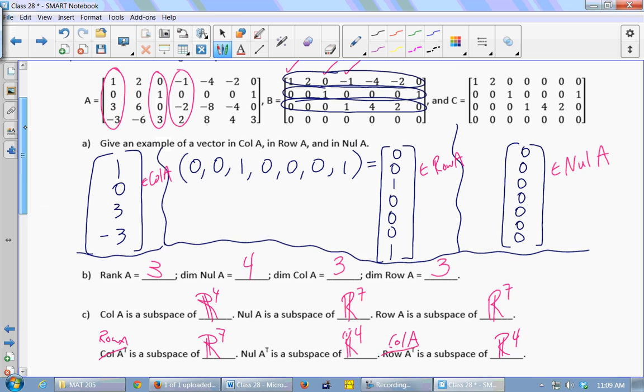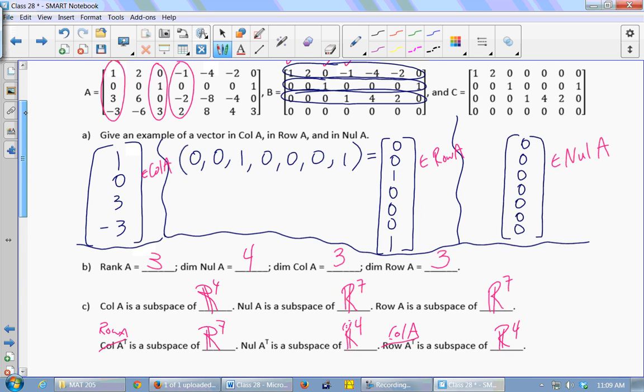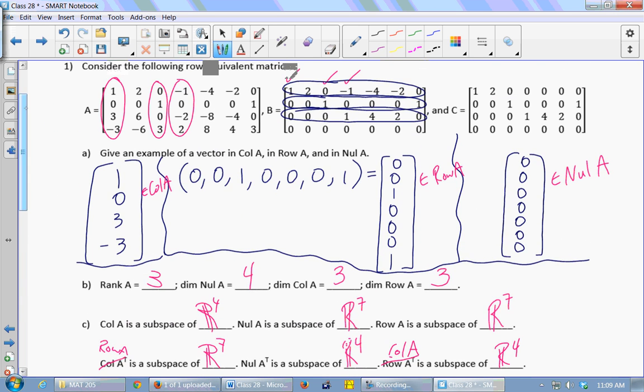Oh, that one's not bad. 0, 0, 1, and 3 zeros, 1. This is a basis for row A. Yep. And the span of the basis gives you the entire row space. All right, and then that last non-zero row is 3 zeros, 1, 4, 2, 0.